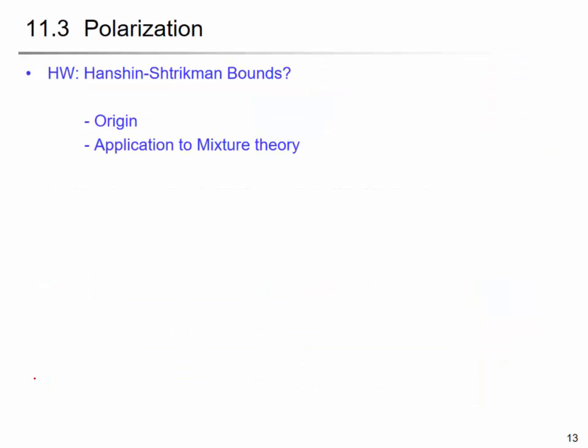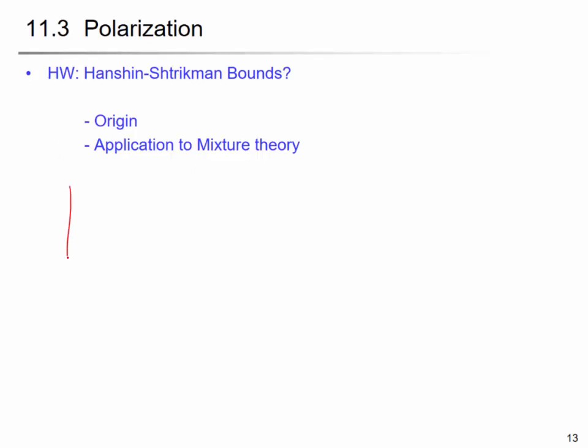Okay, so there are many other mixture theories to calculate the property of the mixture when you know the volume fraction.